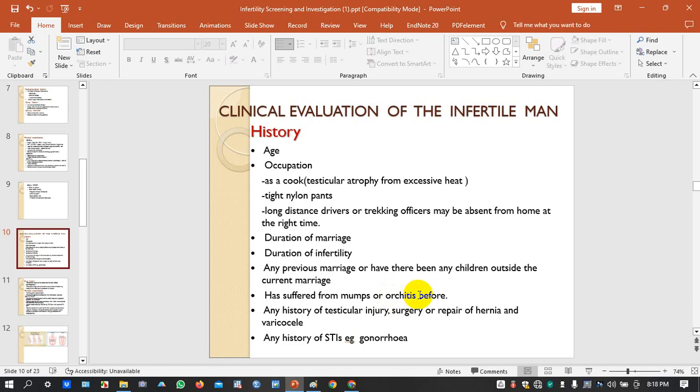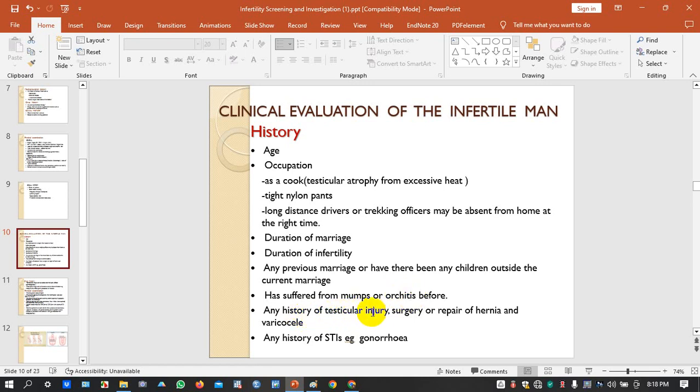Orchitis is also an inflammation of one or both testicles, and this is caused by bacteria or viral agents. So the viral agent can be mumps, and the bacterial agents can be normal STIs. The STIs cause orchitis.